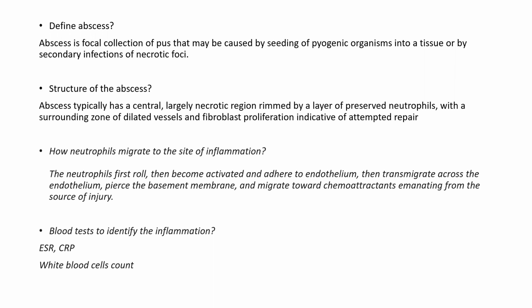CRP, ferritin, fibrinogen, and serum amyloid A are positive acute phase reactants. Negative ones are albumin, transferrin, and antithrombin. These are called negative acute phase reactants, nothing more. So in 3 lines, you answered the question.